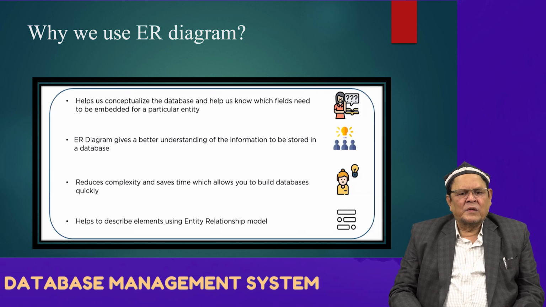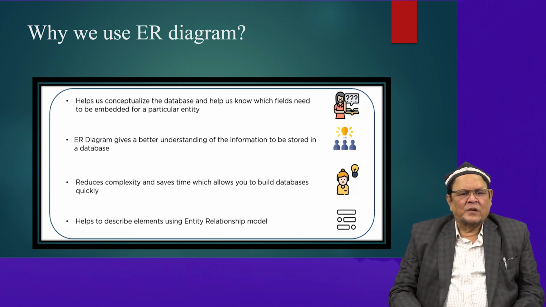They give a better understanding of the information to be stored in the database. ER diagrams reduce complexity and save time, which allows you to build a database quickly. It helps to describe elements using entity relationship modeling.